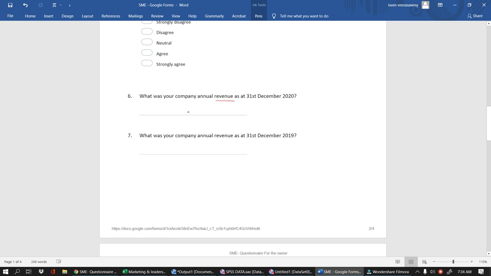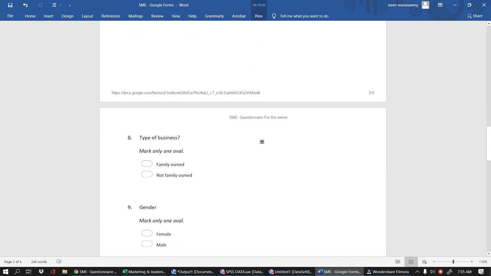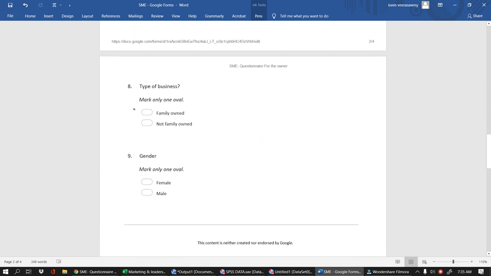So you know that you're going to have numerical data over here. So it will be a number by default. If it is numerical in nature, then there is no need to code this variable. This is the same, so no need to code the variable. For the last two, you will have to do the coding 1 and 2, 1 and 2.